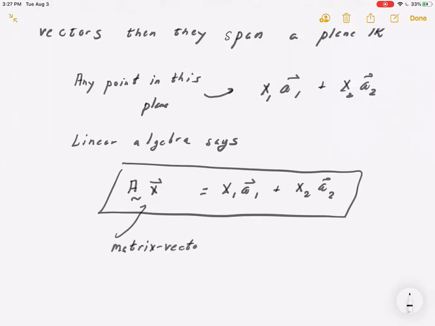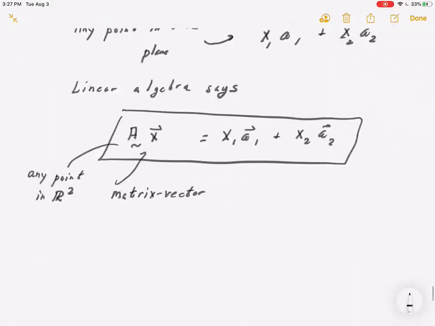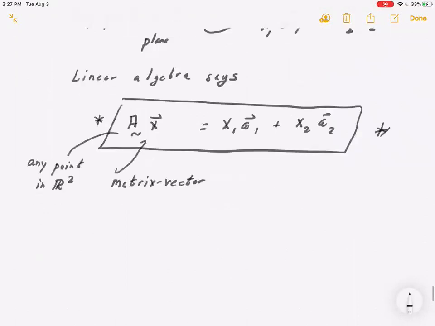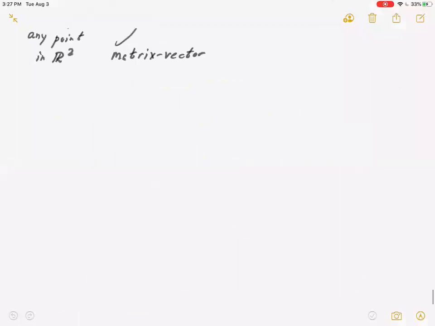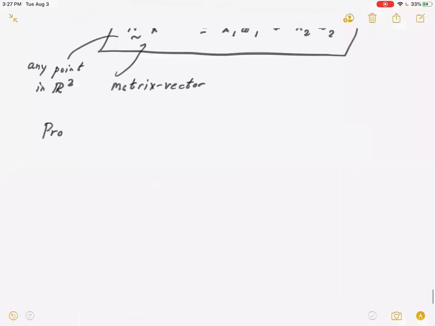That's what it is. But it also is another way of representing any point in the plane in R2. So I want to prove this. And again, I'm going to do a simple proof.